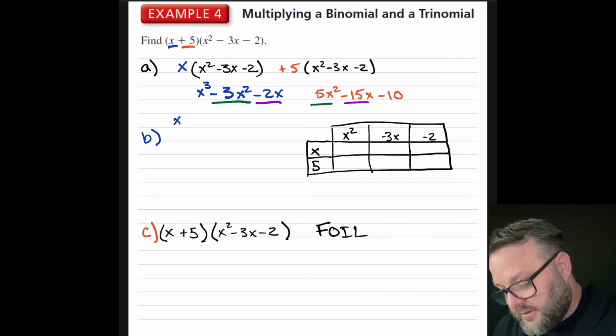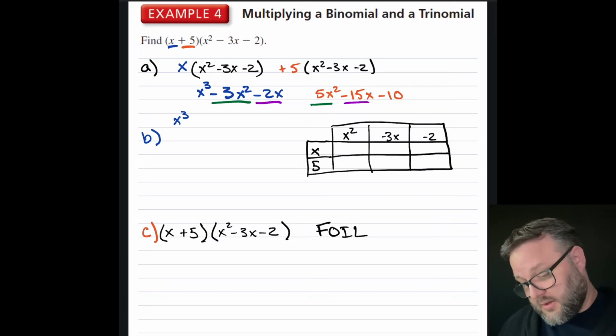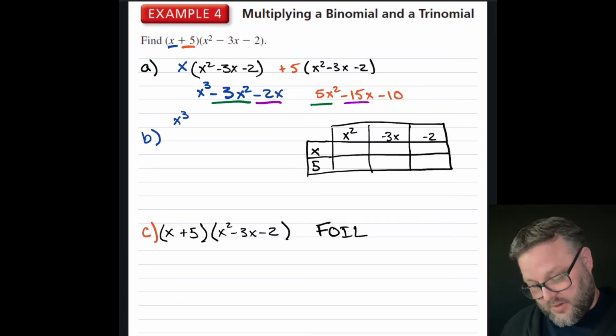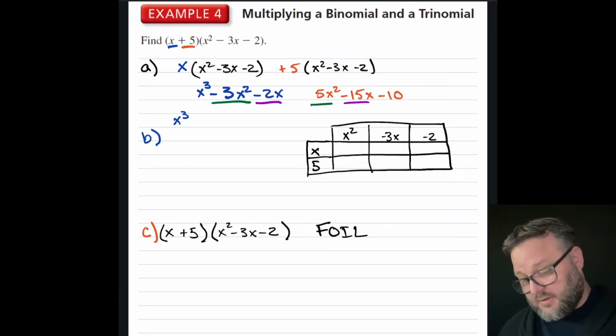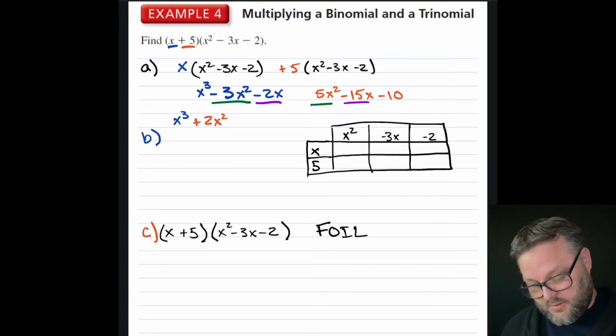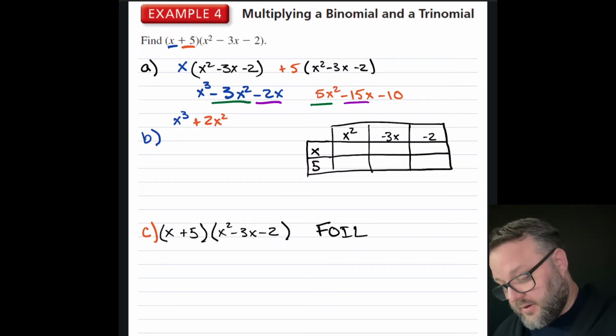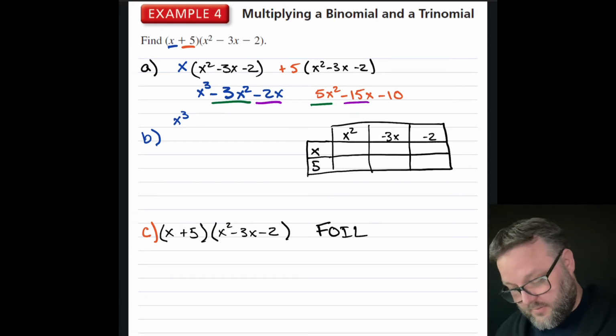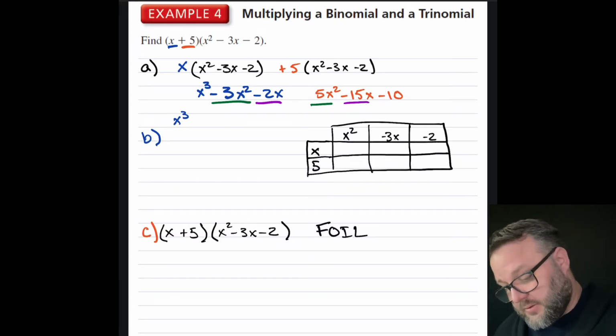So I'm going to have x cubed, then negative 3 and positive 5, which is going to be a positive 2x squared. I should have made that green because that's what I underlined it in. My apologies. So this was a positive 2x squared.